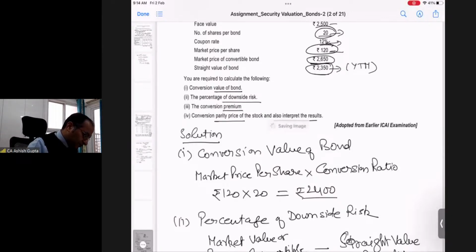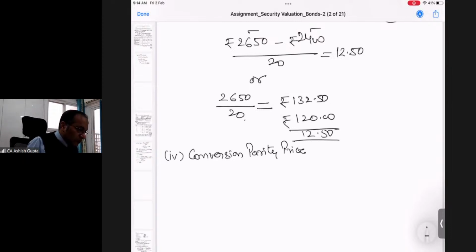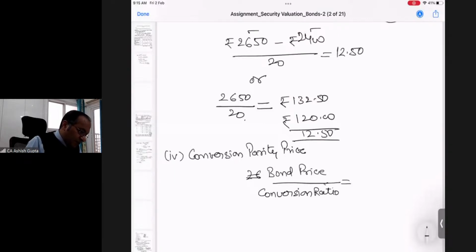Accordingly, to get the conversion parity price, bond price divided by conversion ratio, as I have done in my previous part.